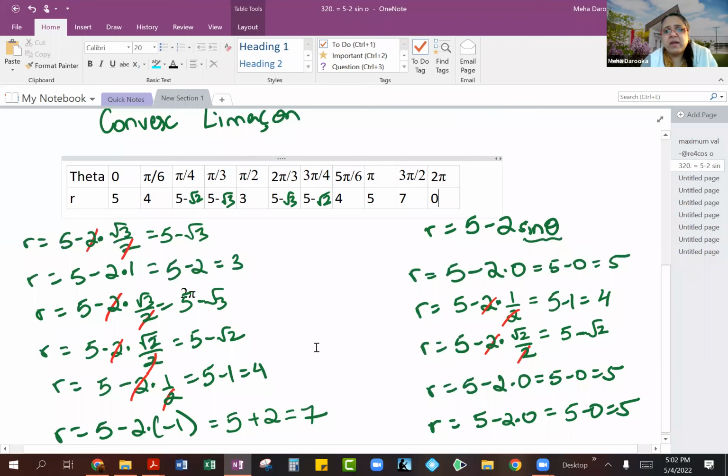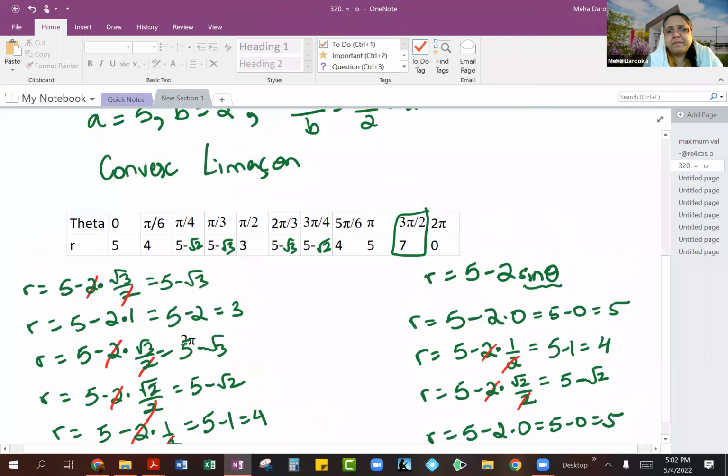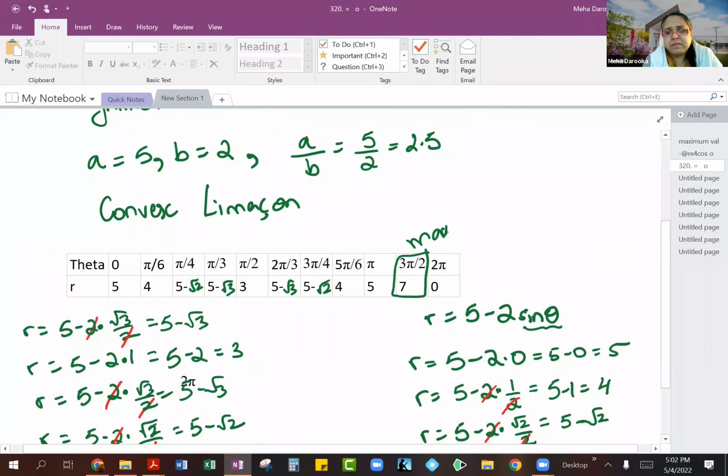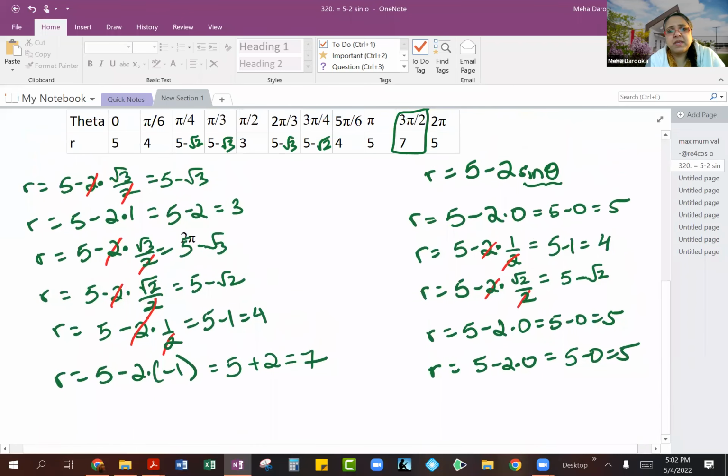So this is where you will see your maximum value right over here at 3 pi halves as your theta value. Oh, sorry, that should be a 5, not a 0. Okay, so that's where you are going to be.